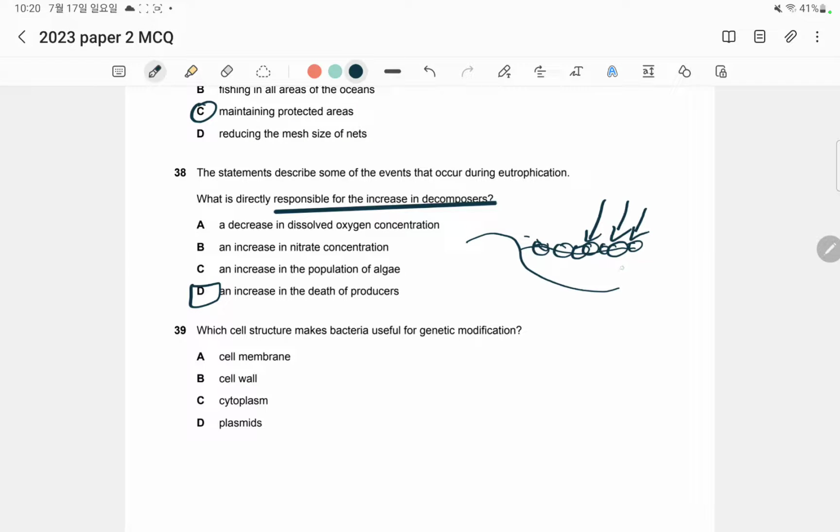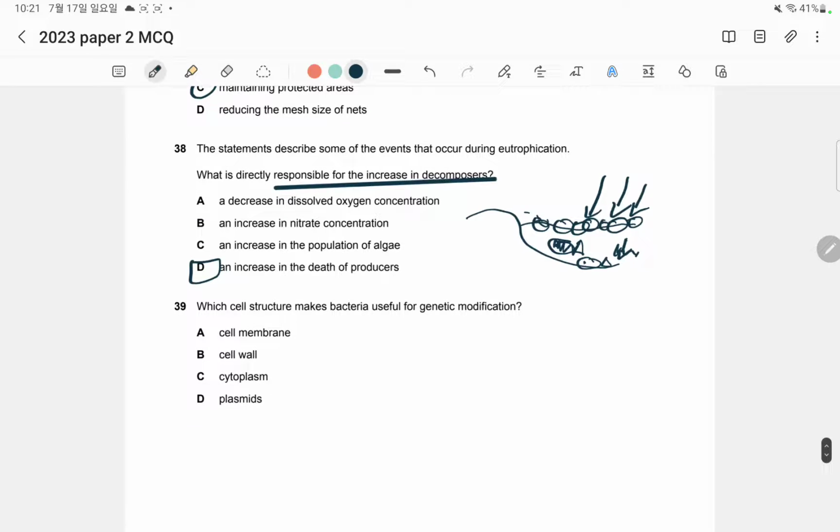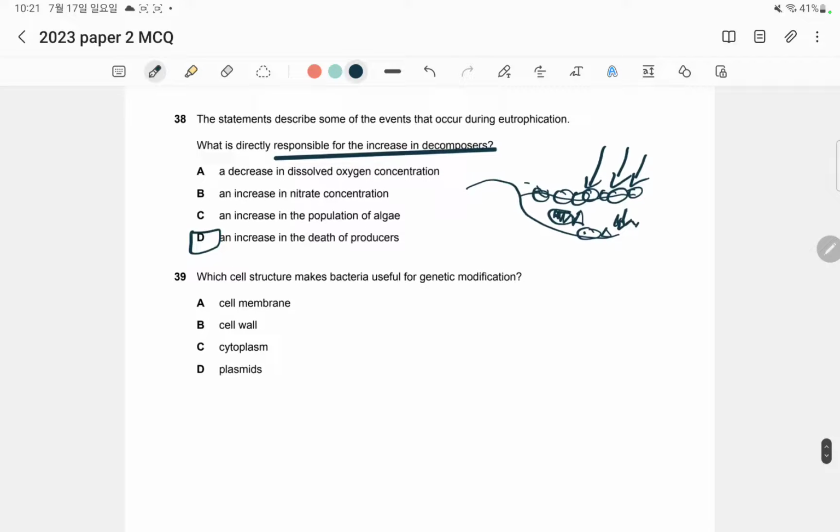So other aquatic plants cannot photosynthesize, so they die. And because the aquatic plants die, there is a decrease in dissolved oxygen concentration. So other aquatic mammals and animals die. And because there are many dead organisms and producers, there will be an increase in decomposers because they have a lot to feed on.